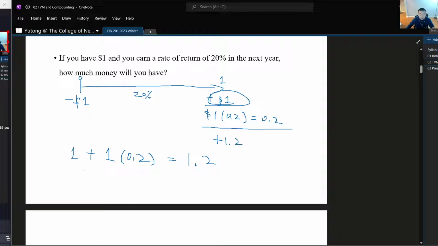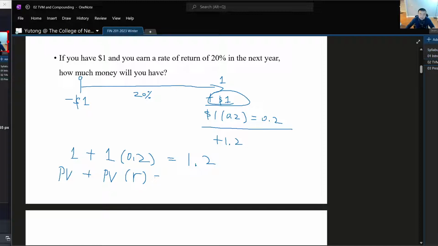So I want to give some symbols to these. This initial $1 is our present value. That's the amount of money we have right now at the moment, the present value. Then I want to add the same present value, the current money, times the return, times R, right?